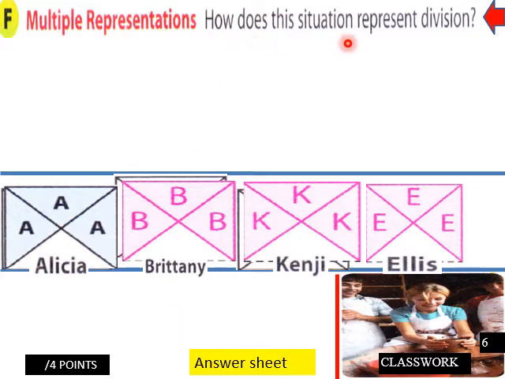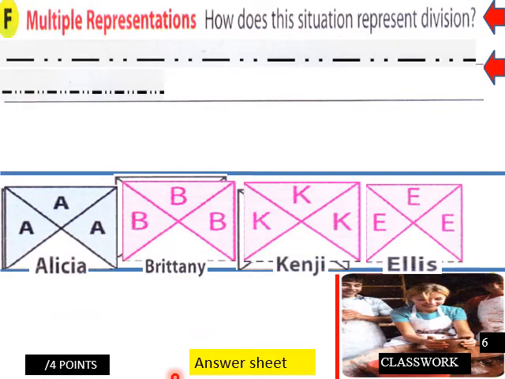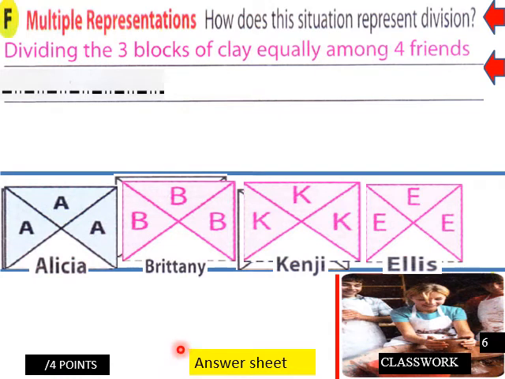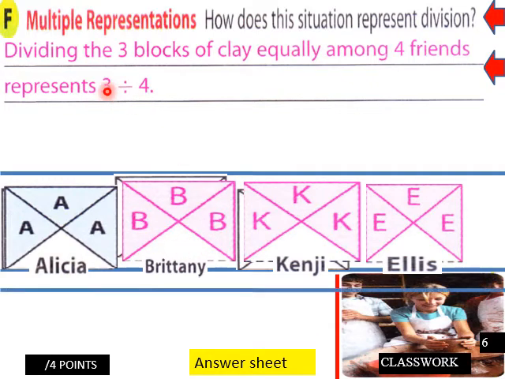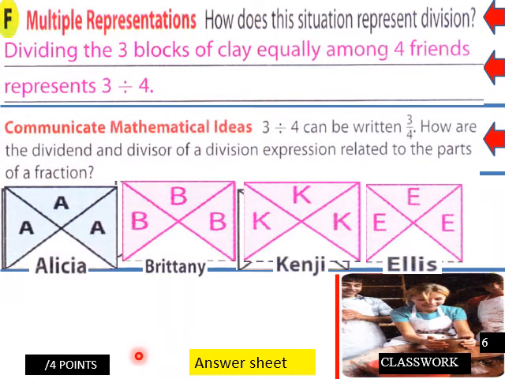How does this situation represent division is the question. Dividing the 3 blocks of clay equally among 4 friends represents 3 divided by 4. So this is basically a visualization of this quotient here.